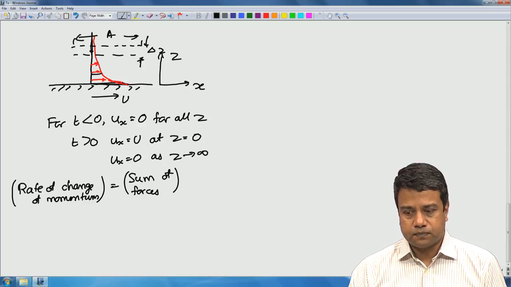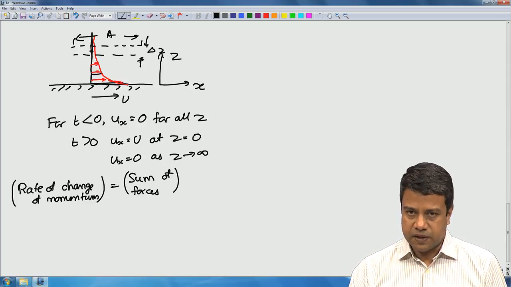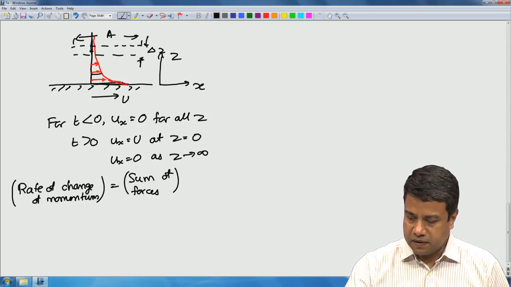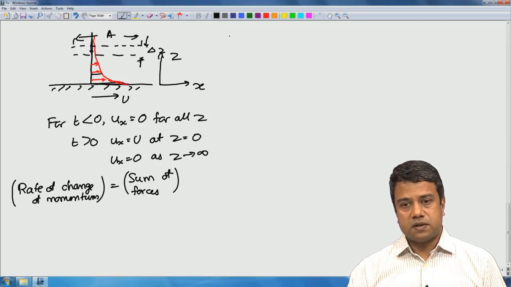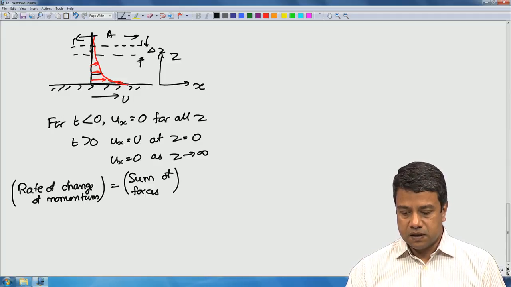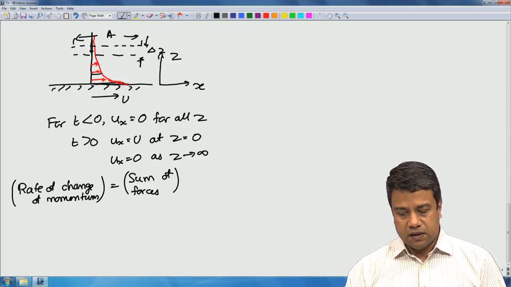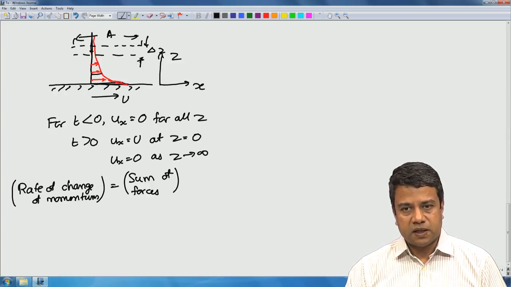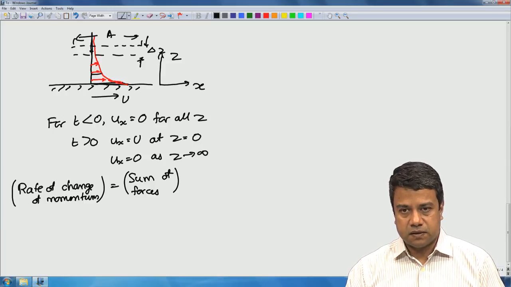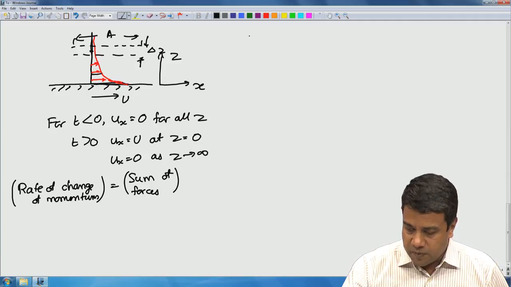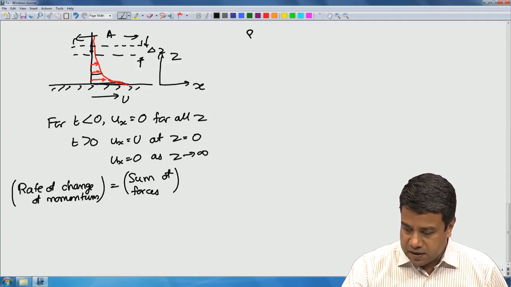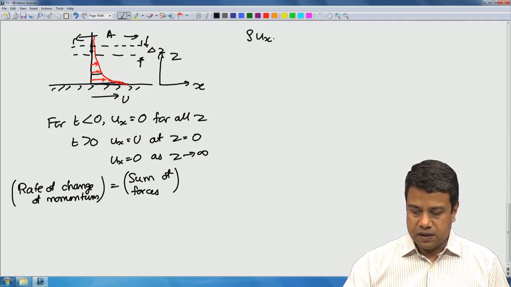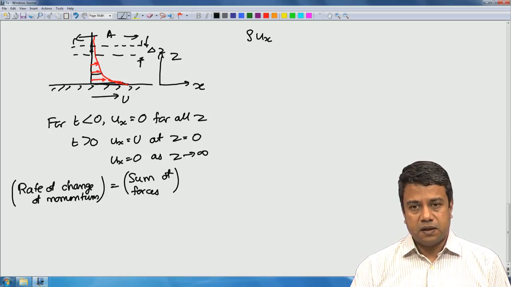What is the rate of change of momentum? The momentum itself, in this case one should be careful because the momentum is a vector. In this particular problem, the momentum is in the x direction, so we are talking about the rate of change of momentum in the x direction. The momentum in the x direction can be written as the density times the velocity in the x direction times a volume.